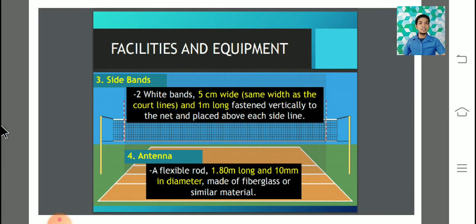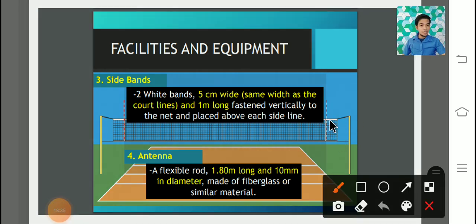Next, side bands. So saan nga ba makikita yung side bands? So dito sa mouse ko, sana ba yung pencil? Okay, this is the side bands. Yan. Yung dalawang border ng, ayan yung side bands na yan. Ito ang side bands. Border ng net.